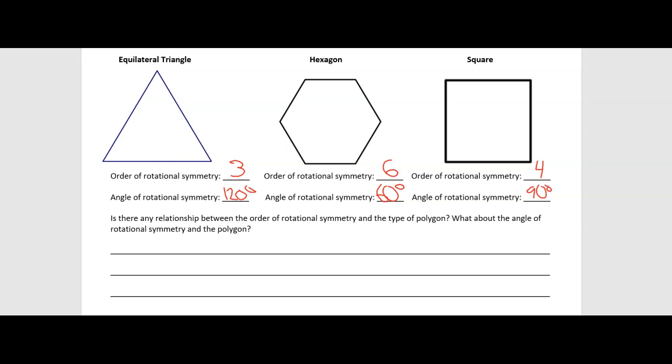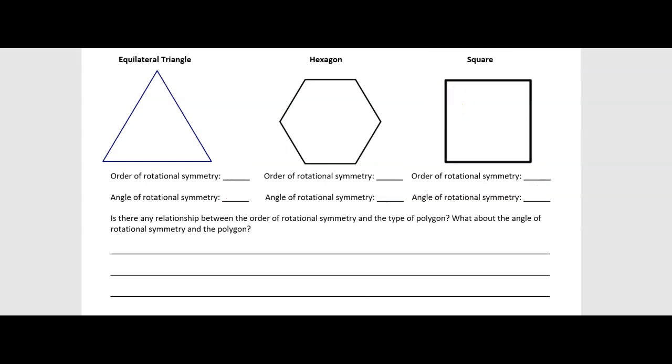Without playing around with the demo and having it tell you, is there a way to just know the order based on what the polygon looks like? Is there also a way to figure out the angle of rotational symmetry based on what the regular polygon looks like? Again, we're just talking about regular polygons where all the sides have the same length and the angles all have the same measurement.